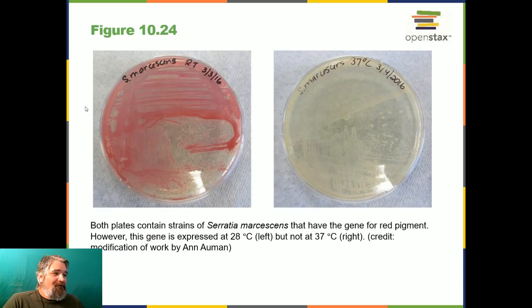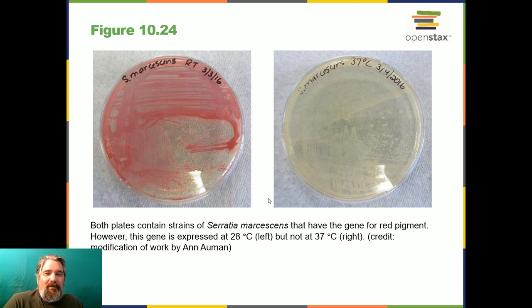Okay, so here's an example of differential gene expression when we're talking about prokaryotes. We have 2 plates of Serratia marcescens here, which I think you've had some exposure to. Well, wait, in context, exposure sounds bad. We've had this in the lab, right? I don't know if you've seen the red pigment.